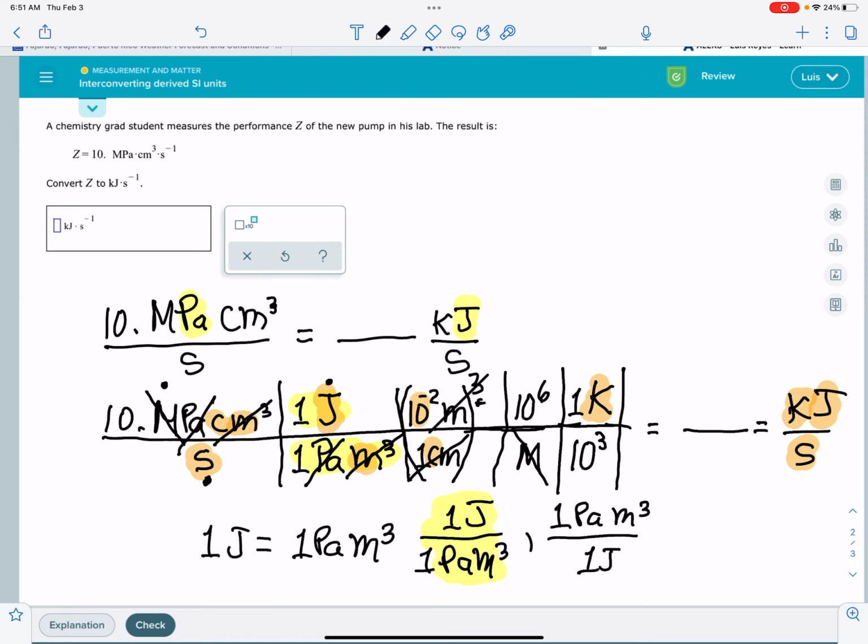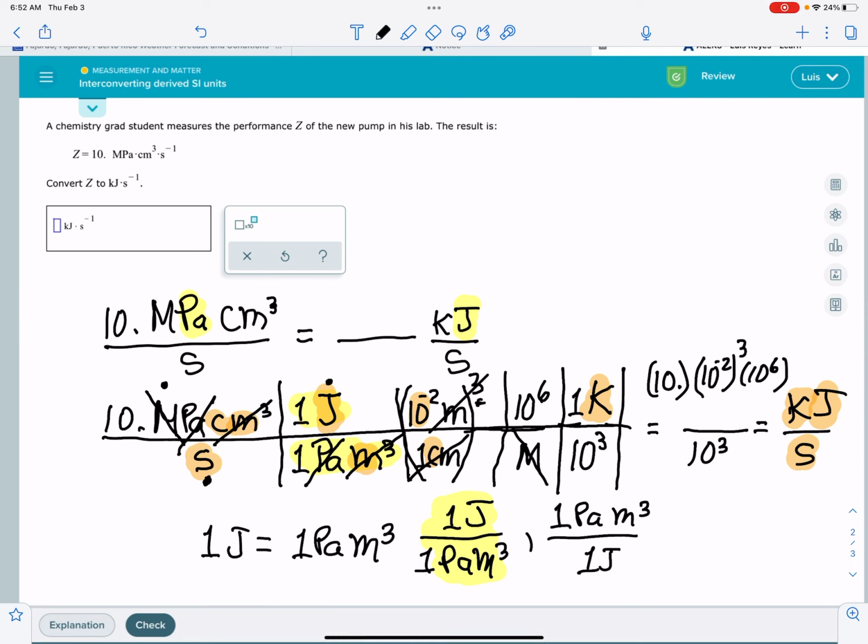What are my numbers left? I still have 10 multiplied by 1 multiplied by 10 to the minus 2 to the third. Remember that you cube that. Multiplied by 10 to the 6 divided by 10 to the third.